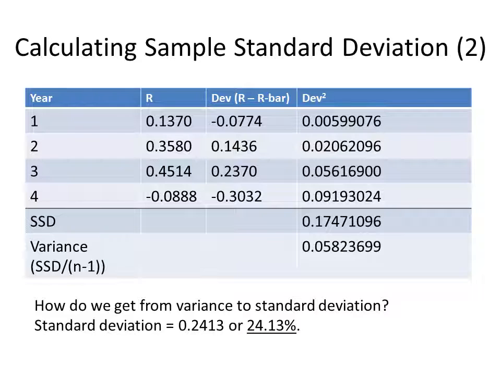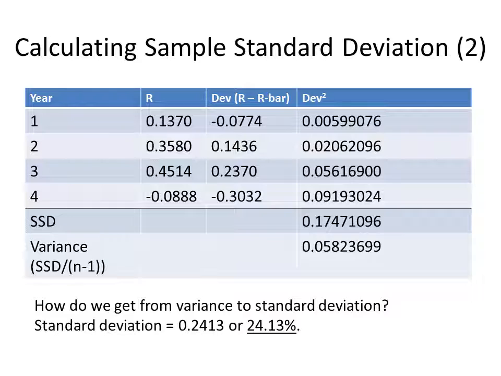Now be careful with something like year 4. You start with a negative and you subtract the mean, and so you're going to basically be adding two negative numbers together. Okay, now if at this point we added all those deviations together, I bet that we would end up with 0, and that's the way it should be.